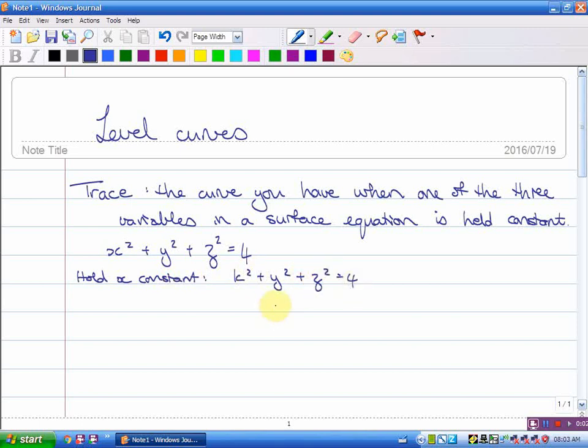Or what we would normally write is y squared plus z squared equals 4 minus k squared. And that, of course, is a circle of radius square root of 4 minus k squared. More precisely, it is a family of circles.